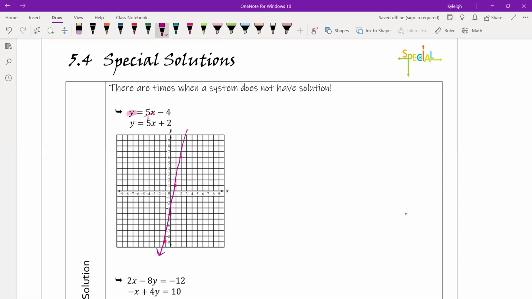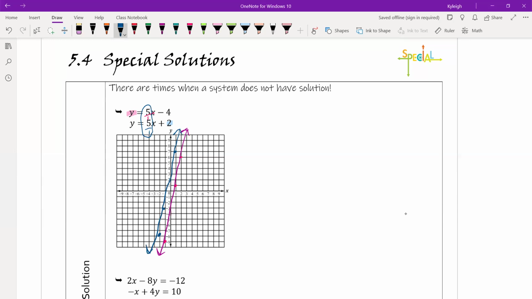Then we do the next one. We start at +2, and it has the same slope. Did you notice that both of them have 5? When they have the same slope, that means they're never going to cross. They're never going to be able to touch each other because they're increasing or decreasing at the same rate.